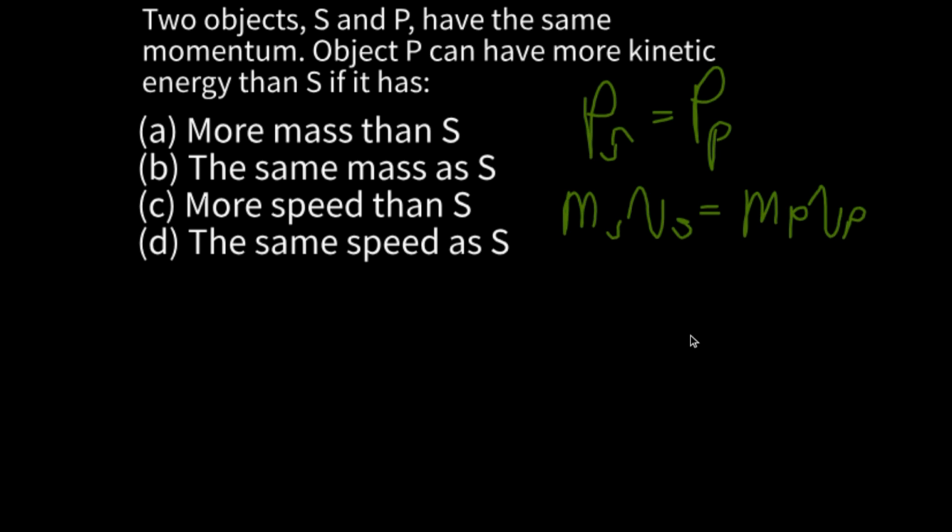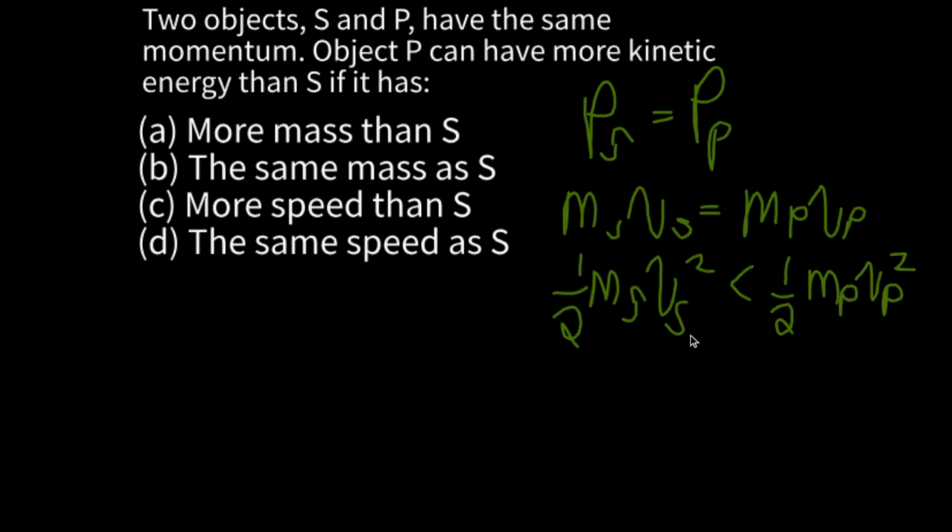So we want 1/2 ms vs squared to be less than 1/2 mp vp squared. Now the key thing to look at here is the relationship between the m and the v variables. We see that in both of them the relationship to m is linear.